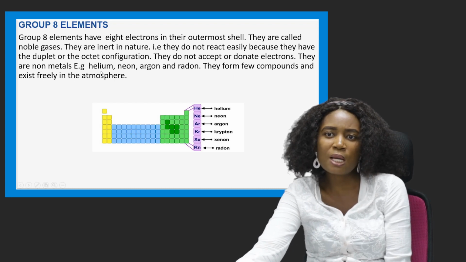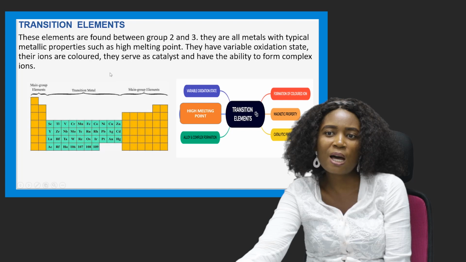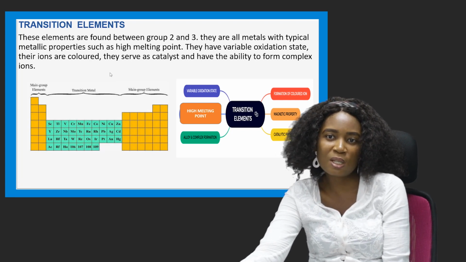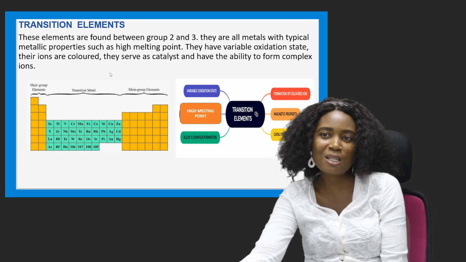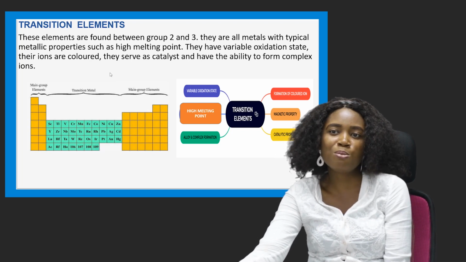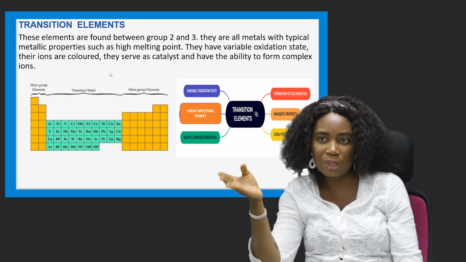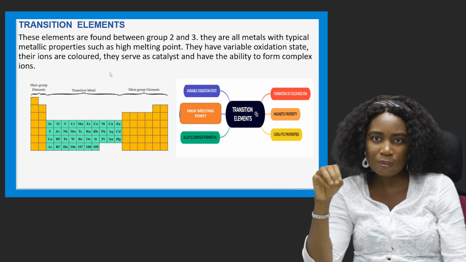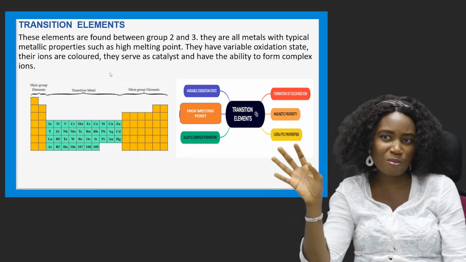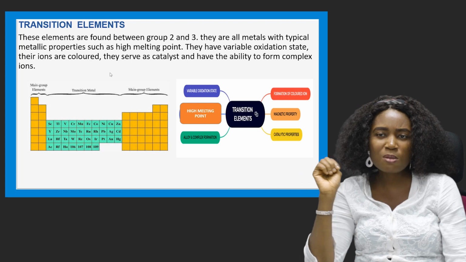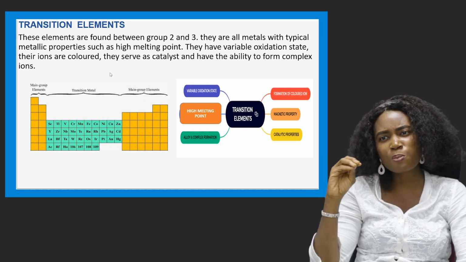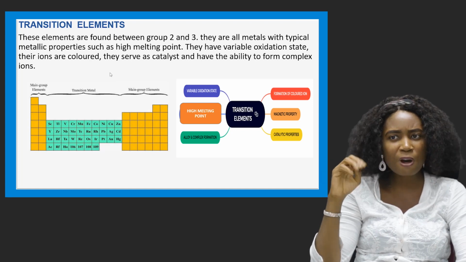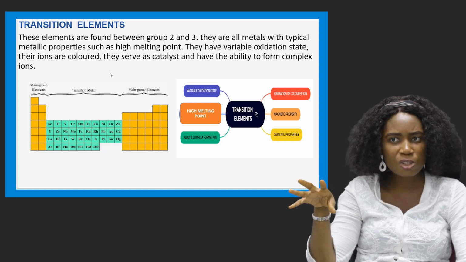So after the group 8 elements, we have the transition elements in the periodic table. Transition elements are elements that are found in between group 2 and group 3. They are metals that have the typical properties of metals that we know. So these metals have specific characteristics, such as variable oxidation states.